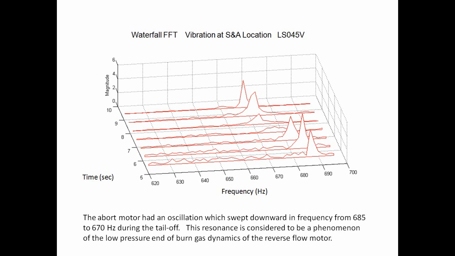Again, we look for this sort of data when we're analyzing flight accelerometer data. Not all solid rocket motors have distinct thrust oscillations, but some do, and if they do, they can happen during ignition or during any time in motor burn up to and including the tail-off.